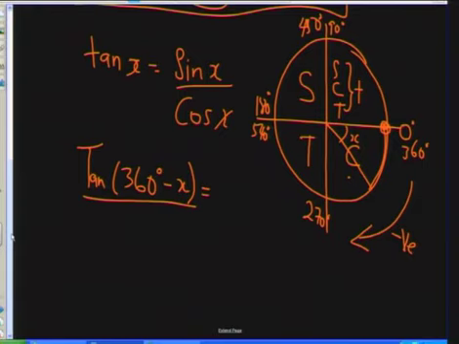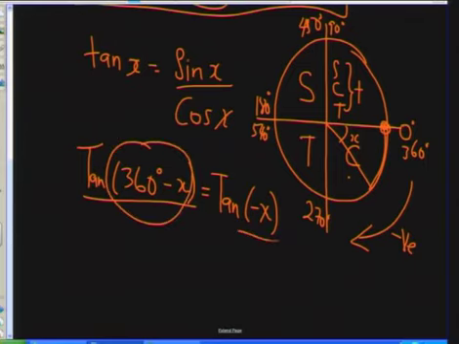In other words, the value of this angle is negative x. So we can rewrite this as tan of negative x. We have changed the format of tan, where the 360 has been converted to a negative x.